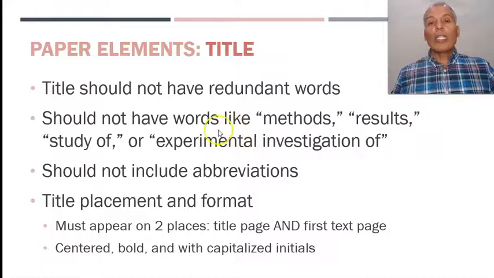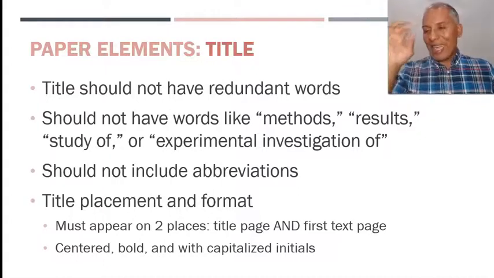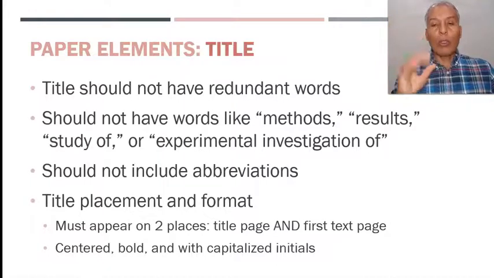So it should not have words like methods or results or study of or experimental investigation of, because that is all part of the body and it will be. But your goal is to condense, to present a capsule of the entire content, all the content of the article in a single sentence or in a few words.